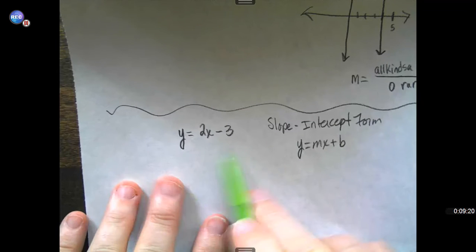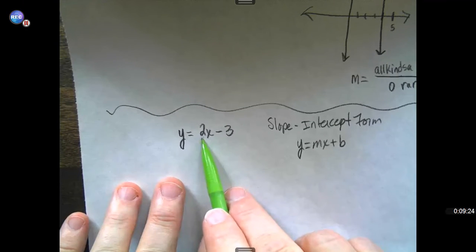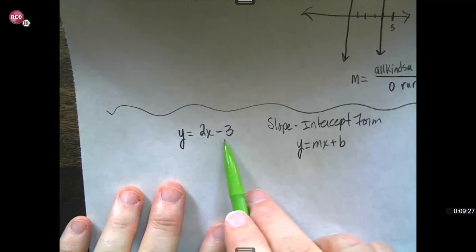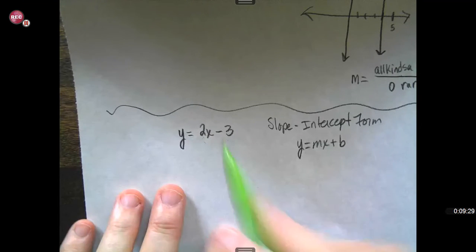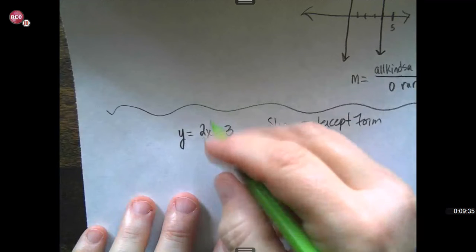I can look at this line and tell you the slope is 2, the number in front of x, and the y-intercept is negative 3. And we can use that information to actually graph that line. I'll show you how to do that momentarily.